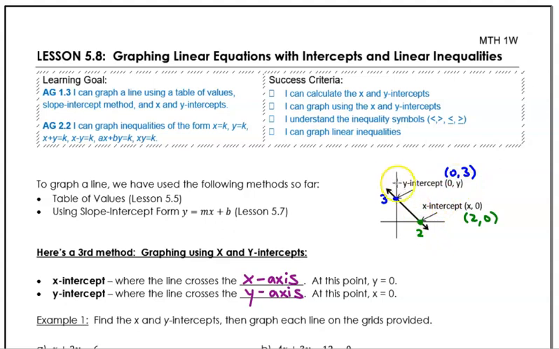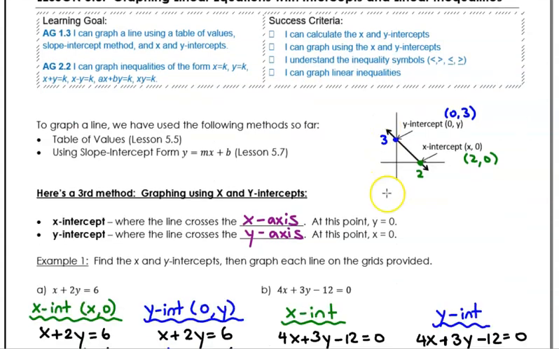Because no matter where your graph cuts into the y-axis, all of these dots along the y-axis all have an x value of 0. So here's a way to always remember it. If you're looking for the y-intercept, your x is 0. If you're looking for the x-intercept, your y is 0. Now, once you have those 2 dots, you just join them with the ruler, and that's it. You're done. Okay, so let me show you how that works.